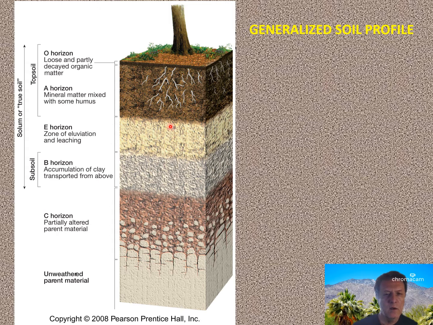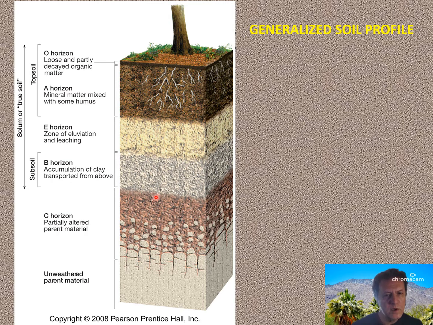So this is an area of leaching where water is carrying various minerals continuously downward into the B horizon, where a lot of these minerals settle in and form a layer of very fine material, which forms a clay layer called the B horizon. Okay, so this is a generalized soil profile.